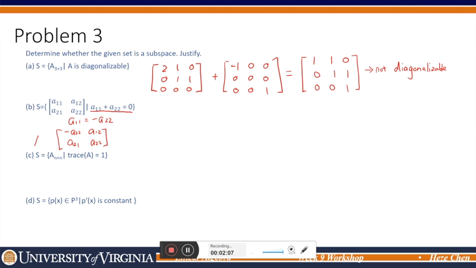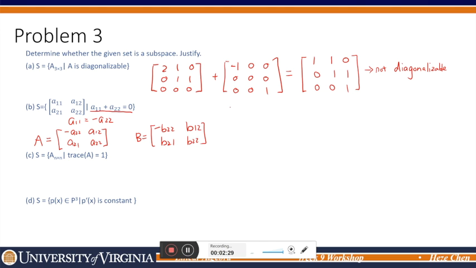So if we have a matrix A equal to this, and matrix B equal to [-B22, B12; B21, B22].